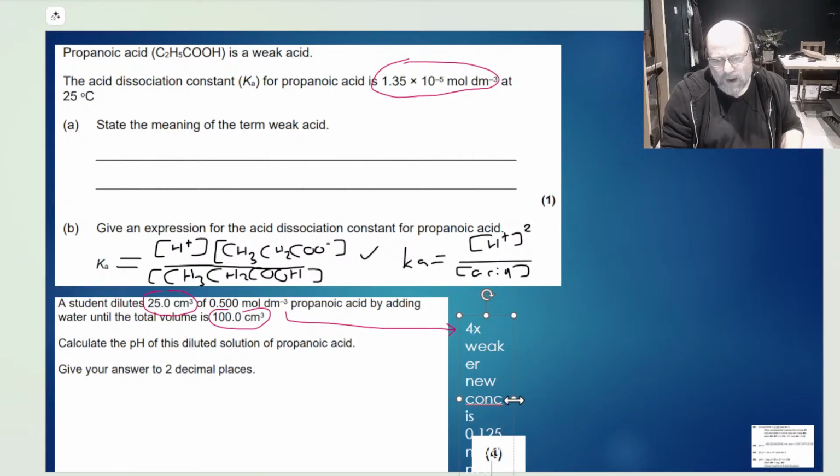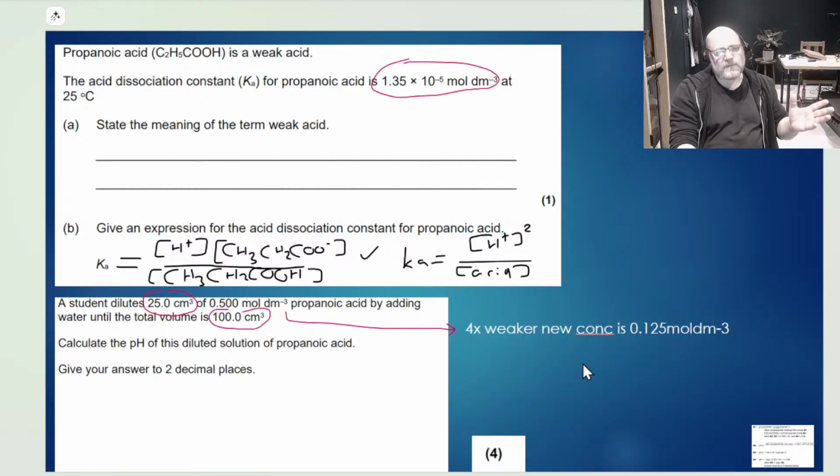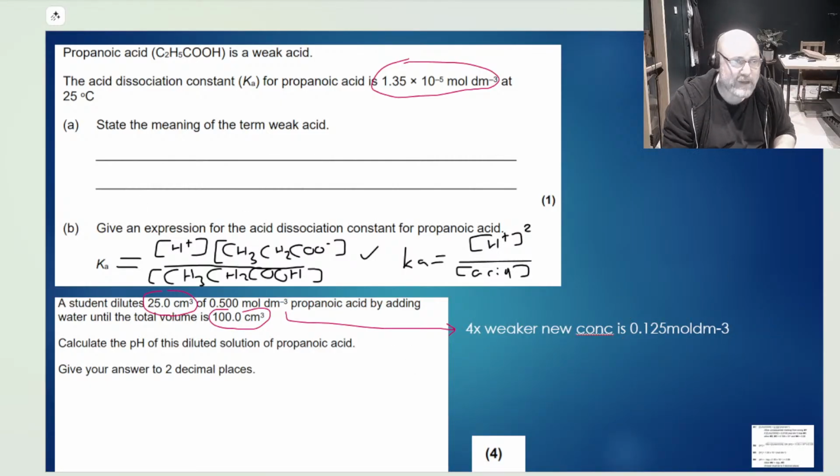Now, some people might be like, sir, I don't get that. There is a longer way to prove that that is the new concentration, if you find that difficult to stomach. But really, look, they made the volume up to 100. It was 25, so it's now 4 times more. It's 4 times weaker than it was. The volume is 4 times bigger with the same amount of moles. So you've got to think they haven't changed the number of moles.